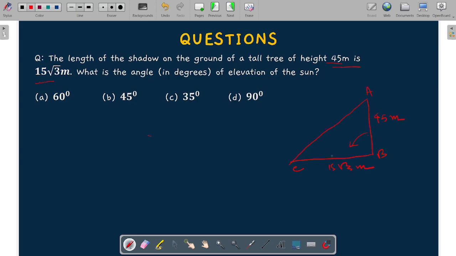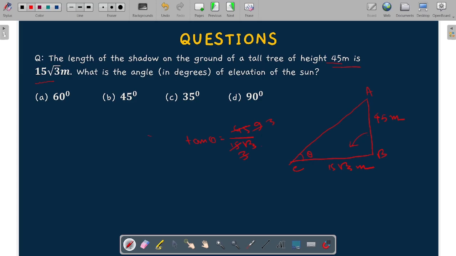15 √3 meter. So what is the angle in the degree of elevation? So we need to find out this theta, angle of elevation. So how we will find? tan theta will be 45 by 15 √3. 15 कितना बार जाता है? 15 से 3 बार. 3 by √3.